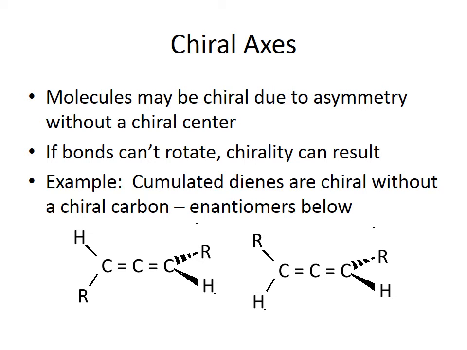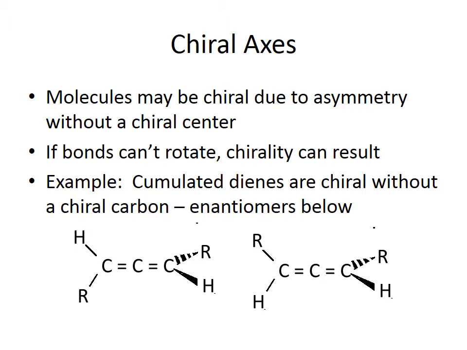On this part of the compound, the chain is back and the hydrogen is forward. I'm going to hold this part the same and switch this side. If I do that and try to superimpose it on top of this, you will see the R and the hydrogen cannot superimpose. So you actually get chirality here without a chiral carbon.